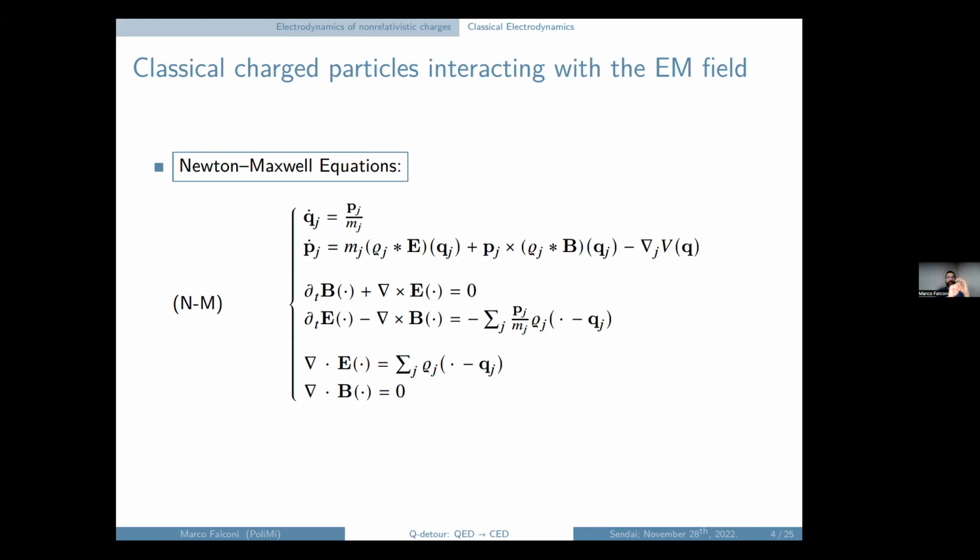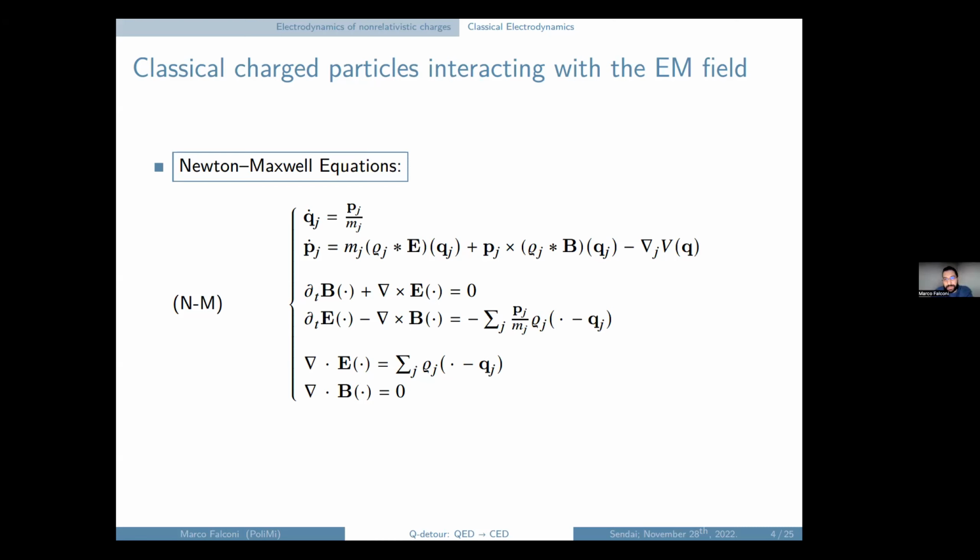So we don't consider the motion or the possible deformation of the charge distribution, but we consider it as a cloud of charge that moves rigidly together with the particle. The electromagnetic field is produced by the charge rho J.